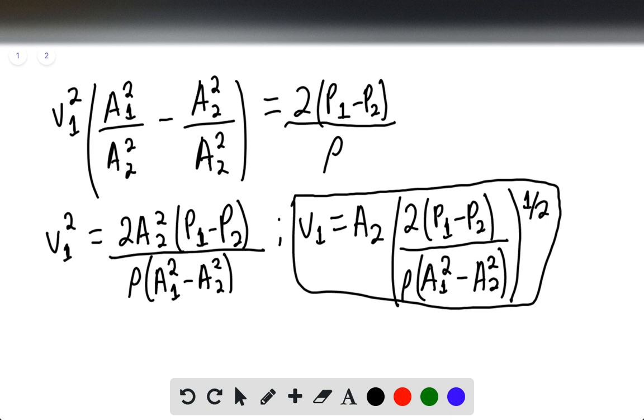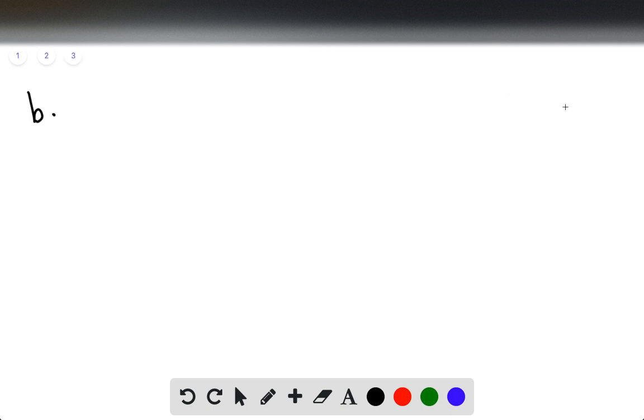Now, for part B, they're saying that D sub 1 equals 3.5 centimeters. Let's just keep it as D sub 1, and we can just convert to meters immediately.